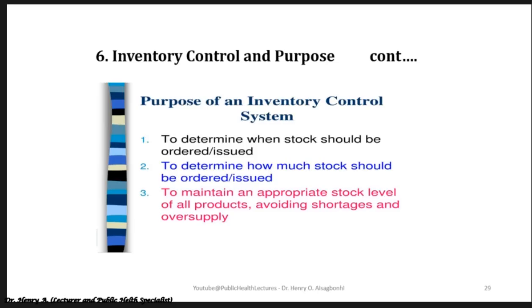In our next session, which will be part 3, we will move into procurement, product selection, and forecasting. And you will learn how to anticipate health commodity needs and ensure continuous supply, a skill every health manager must master.